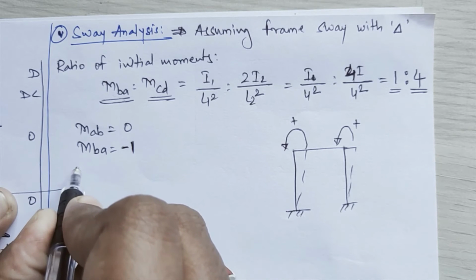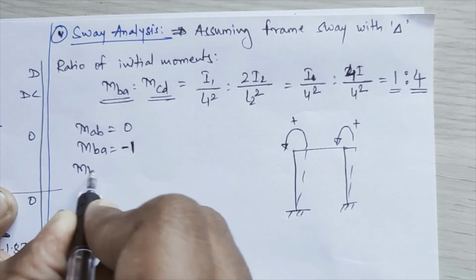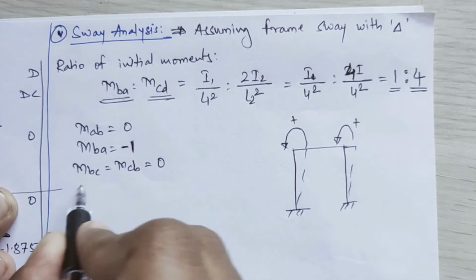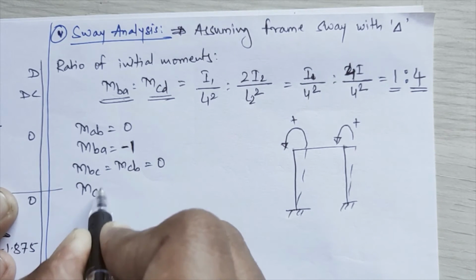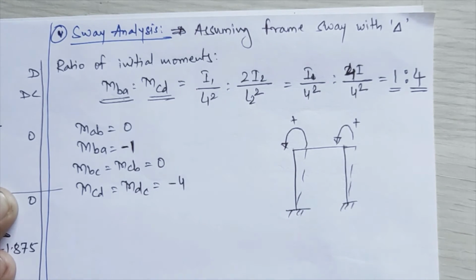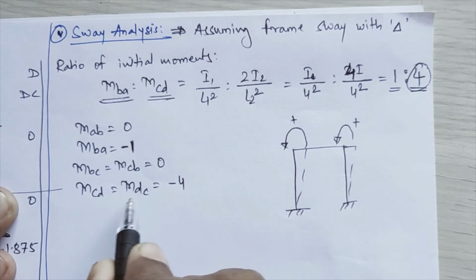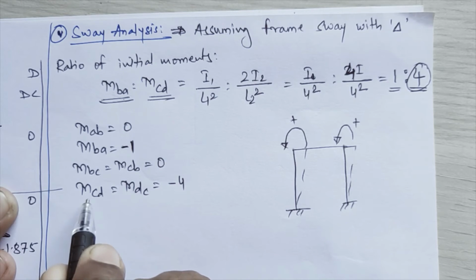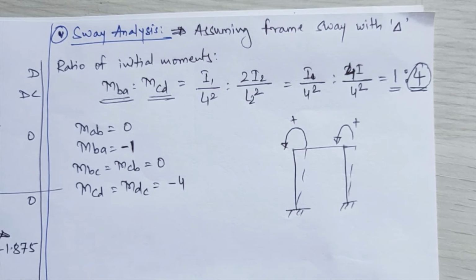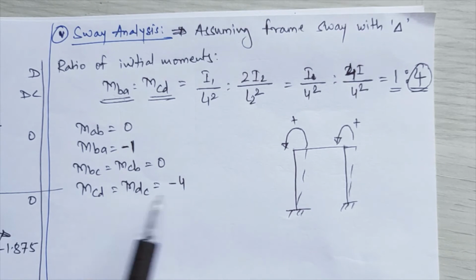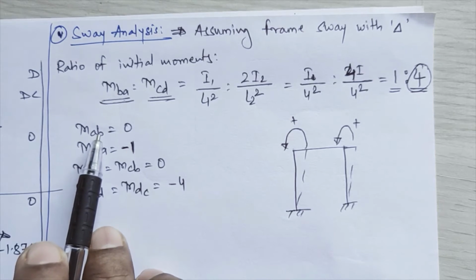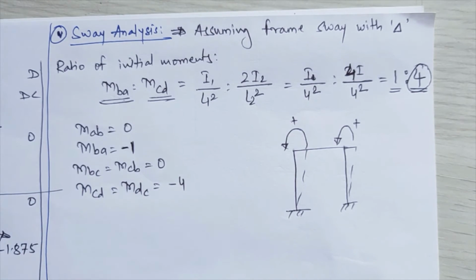Now for the horizontal member, MBC and MCB, the moment remains 0, and MCD and MDC will remain equal to -4. This ratio comes here, and DC is a capable support, that is why MCD and MDC values remain the same. If D were an incapable support, then this condition would come as in the first AB member. So these are the moments I am getting here.